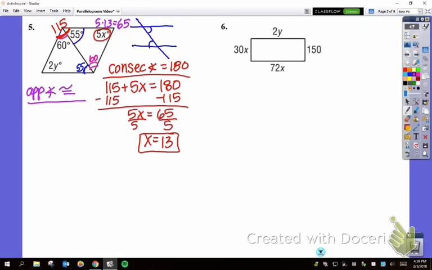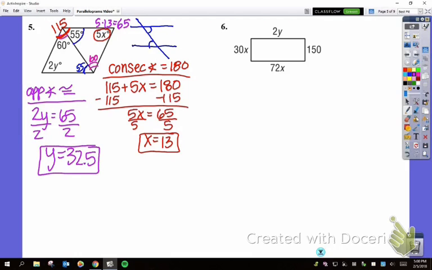So we could say that 2y equals 65, divide by 2, and we end up with y equals 32.5, not degrees, just 32.5. So again, sometimes you have to look and see what's happening before you can just jump right in.